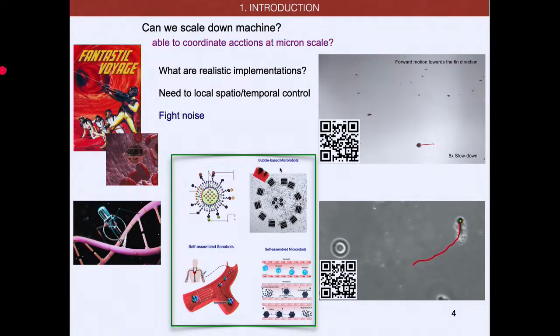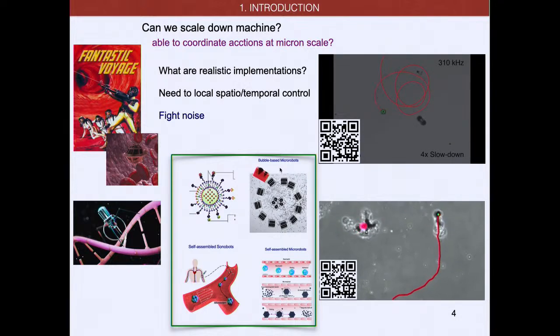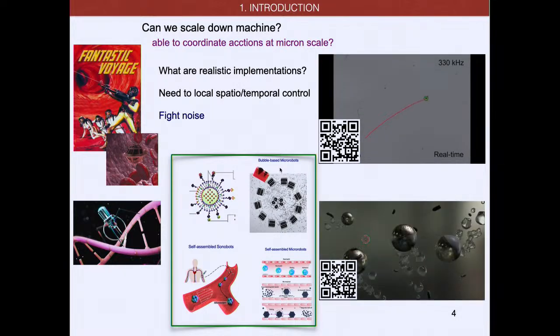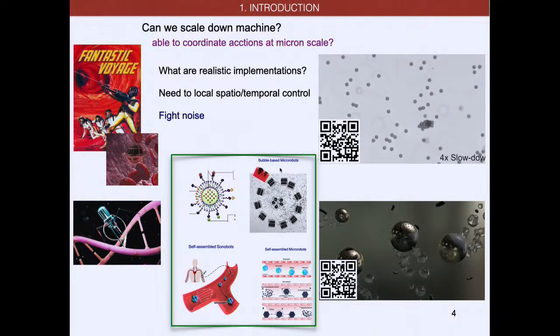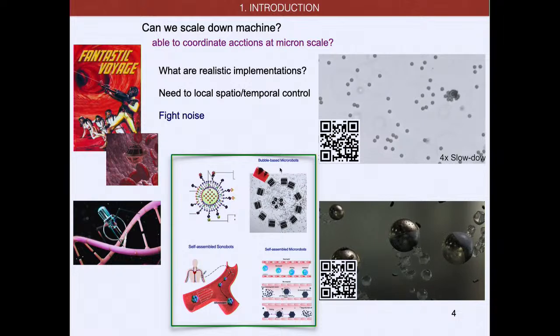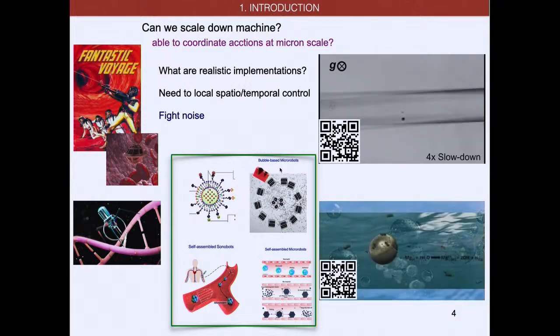For example, these are particles manipulated with ultrasound, or these are colloids that basically decompose hydrogen peroxide and generate bubbles. The hydrogen peroxide decomposes into oxygen. If the oxygen production rate is sufficiently high, it is more like a jet, and that's really then a microjet.